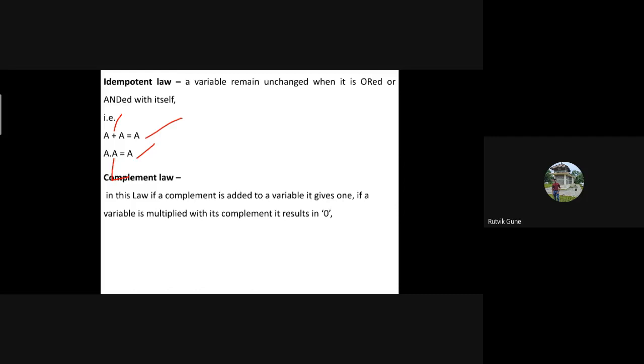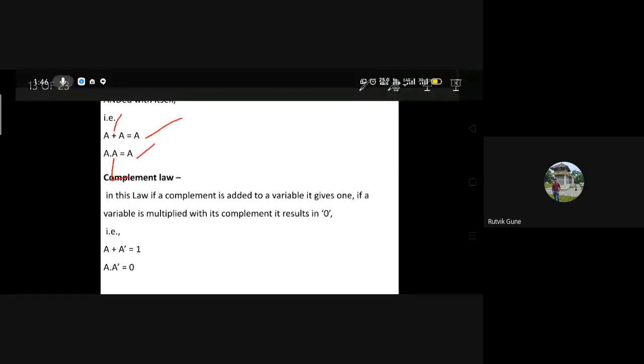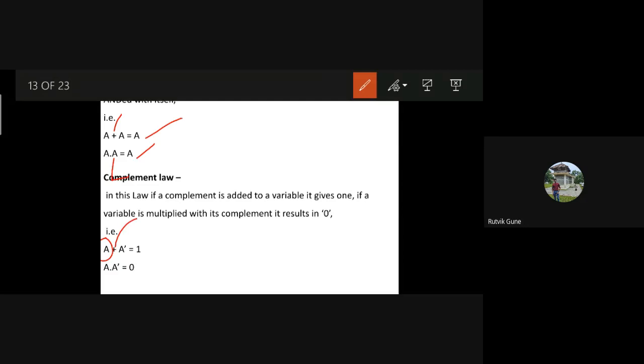And if a variable is ANDed with its complement, the result is 0. It means A, a variable ORed with its complement gives you 1. A variable ANDed with its complement gives you 0.